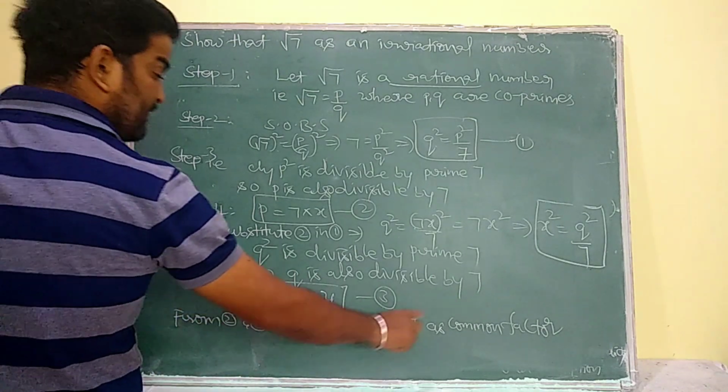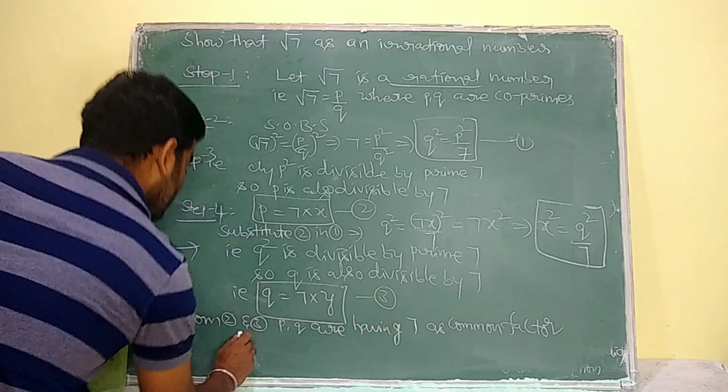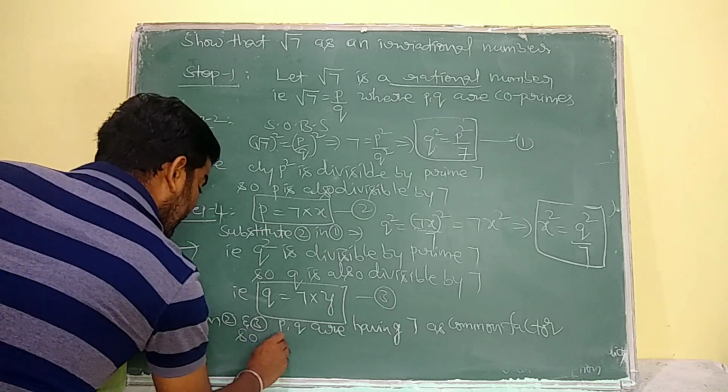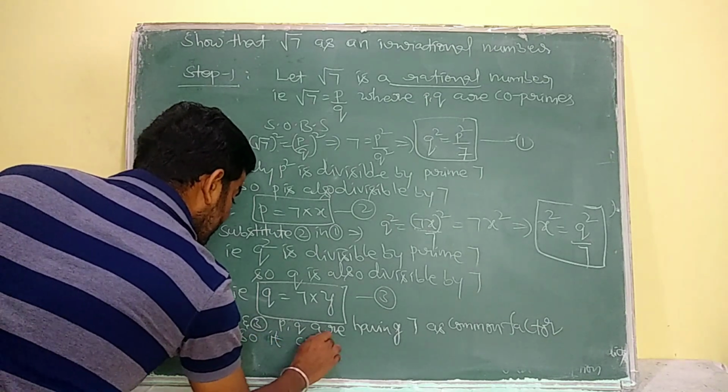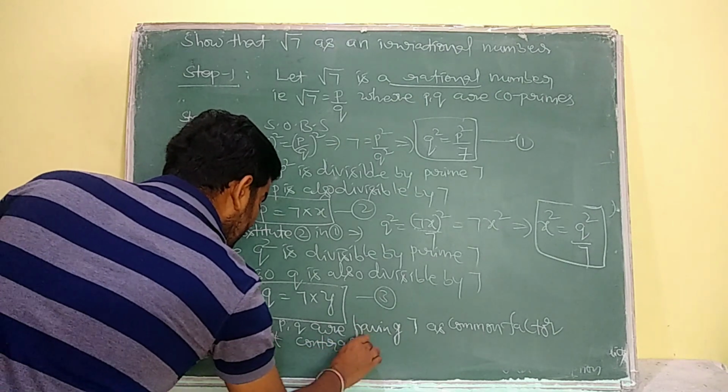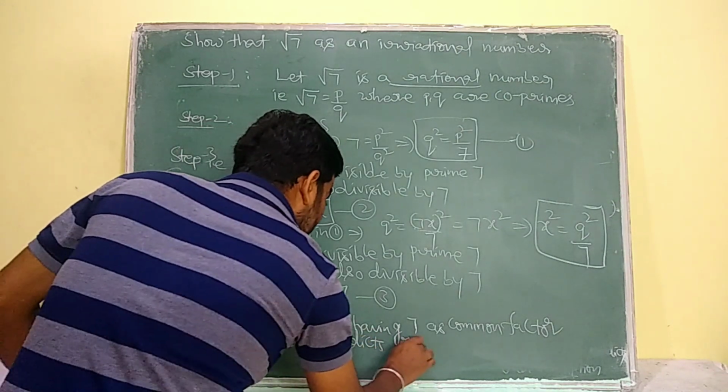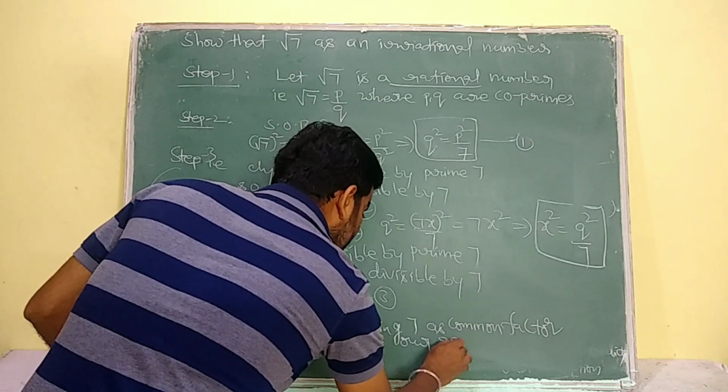Now, p, q have 7 as a common factor, so it contradicts our assumption.